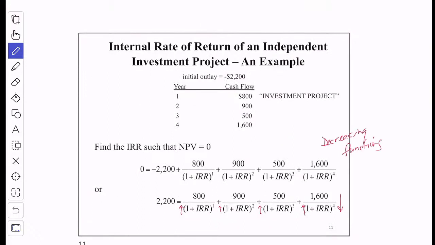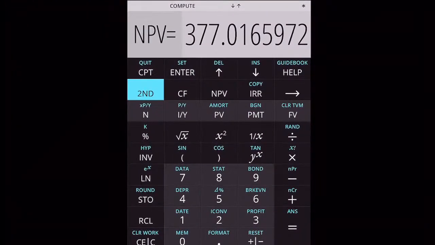So let's take these cash flows and go to the calculator. I want to put this information into the CF keys.